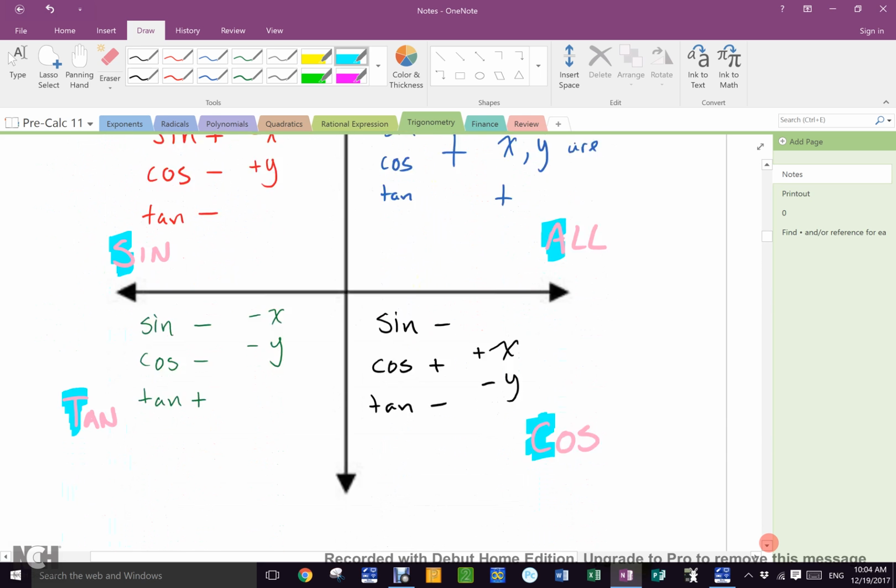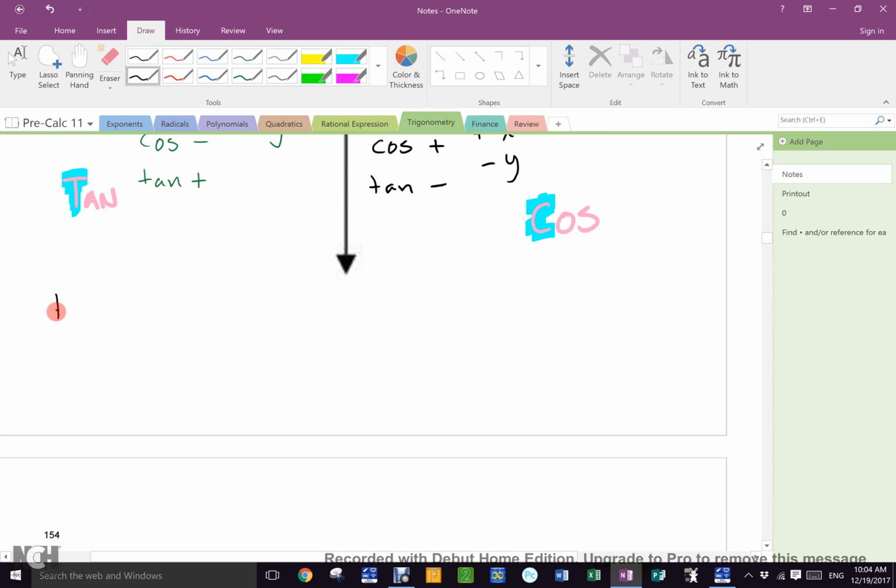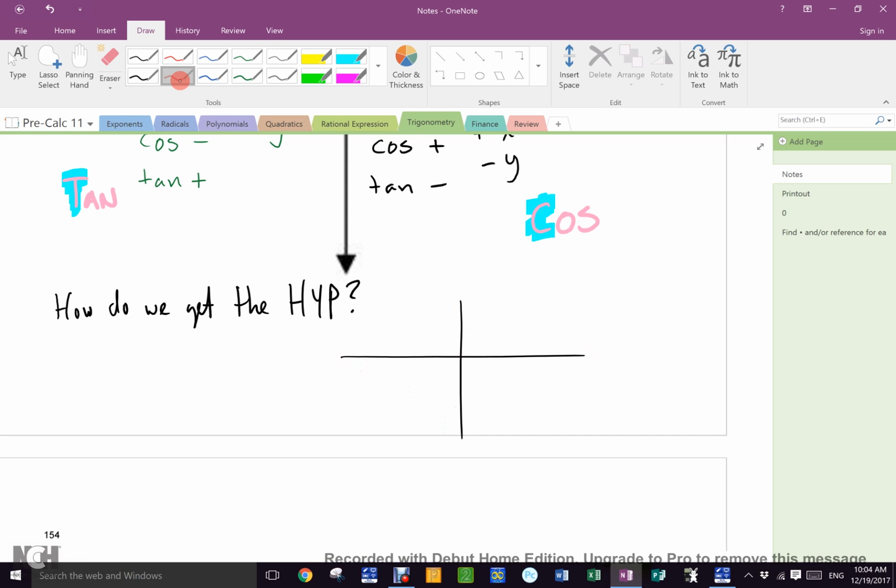How do we get the hypotenuse to do sine and cos? Because we know that point right there is x, y. We know that that's x and that's y. So it's real easy to do tan.